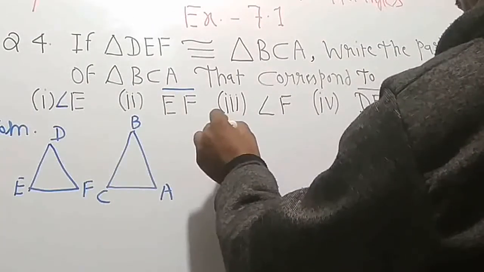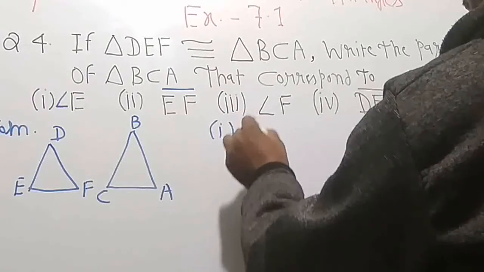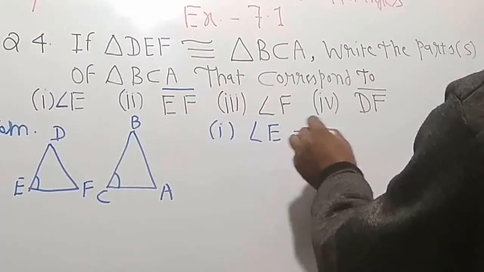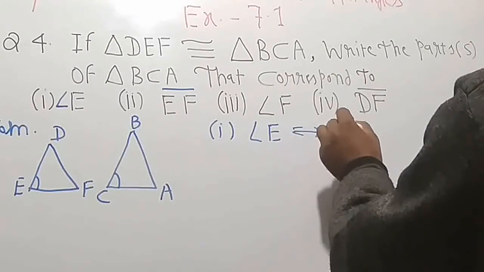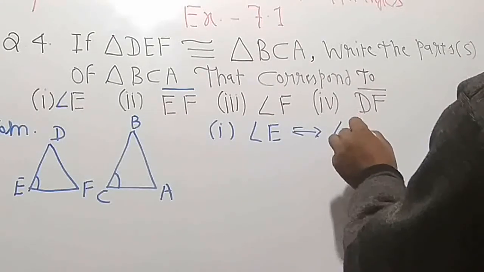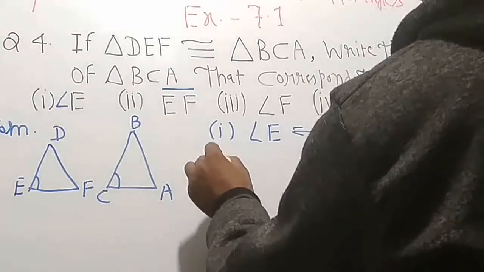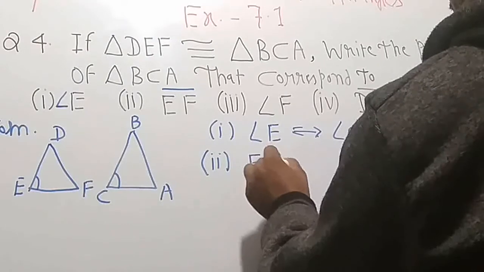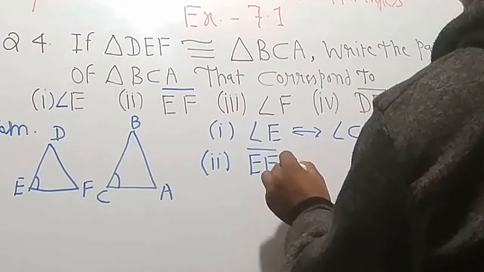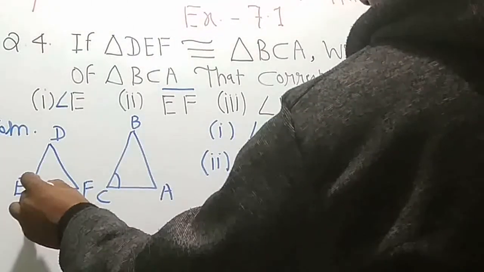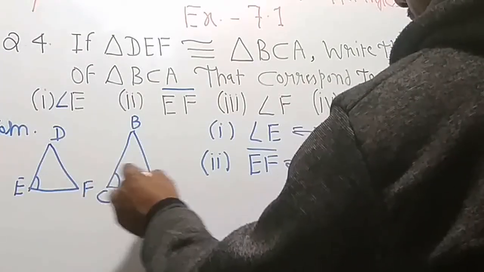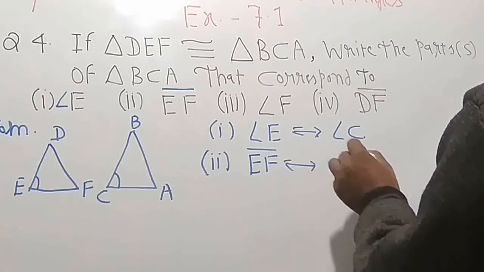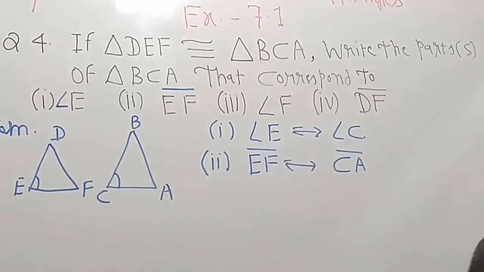So the answer for the first part, angle E, it is C. It means it is corresponding to angle C. Now the second part, side EF is correspondent to, this is side EF and this is CA. So we can write here side CA is correspondent to side EF.